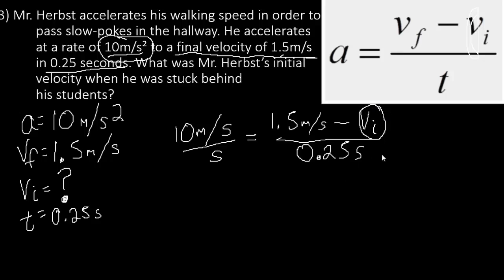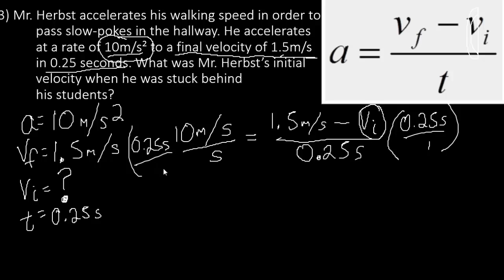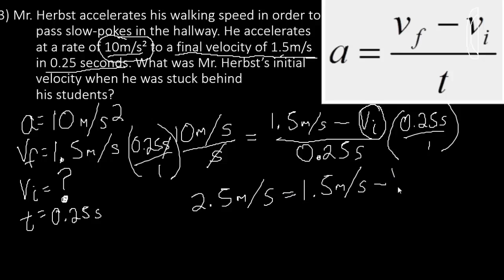In order to do that, we got to get this out of the bottom. So we multiply by the reciprocal, which is 0.25 seconds all over 1. Well, what you do to one side, you got to do to the other side, so 0.25 seconds all over 1. Now, seconds will cancel, so we do 0.25 times 10 meters per second, and if you multiply that out, you'll be left with 2.5 meters per second is equal to 1.5 meters per second minus VI.